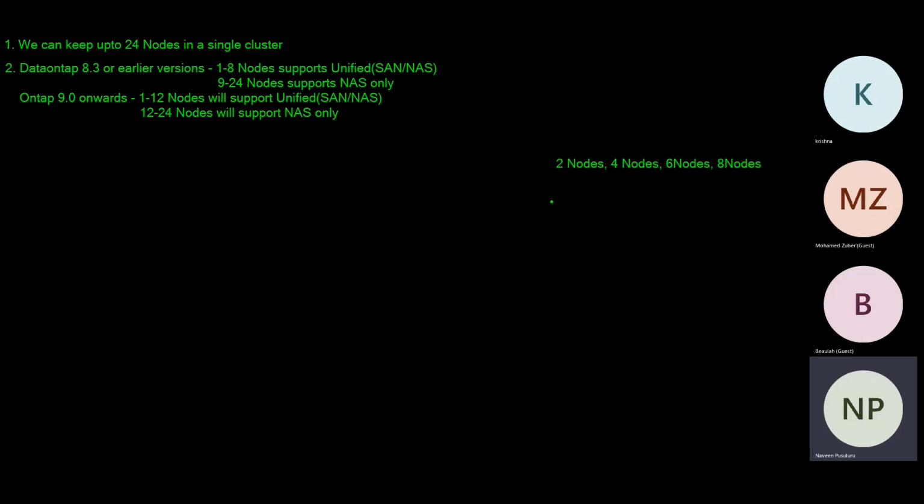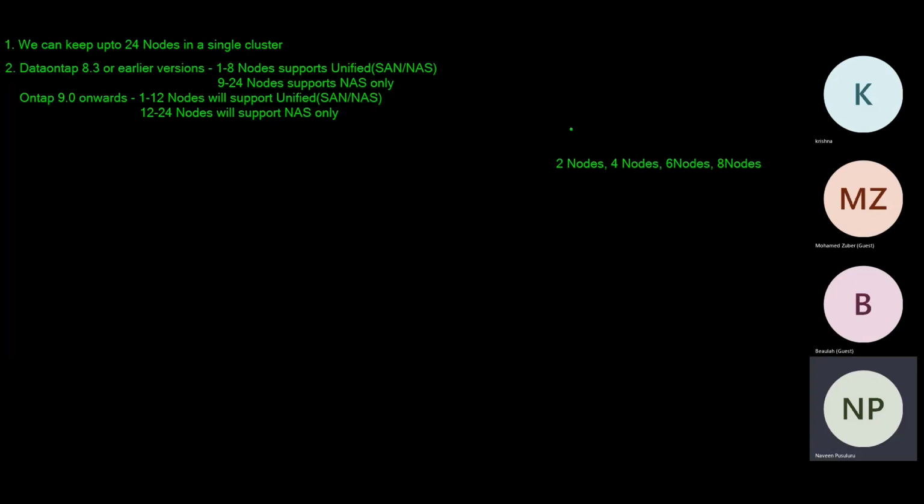You cannot create a 3 node cluster, a 5 node cluster or a 7 node cluster. That is not possible. It must be an even number: a 2 node cluster, 4 node cluster, 6 node, 8 node, 10, 12, 14, like that.